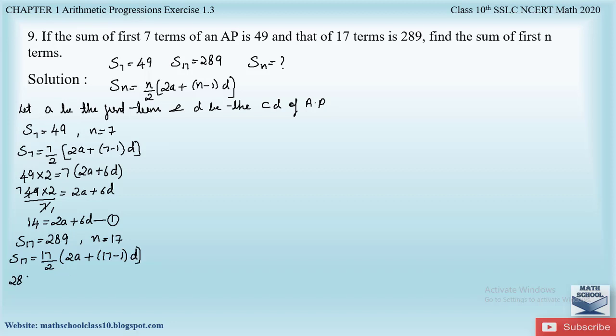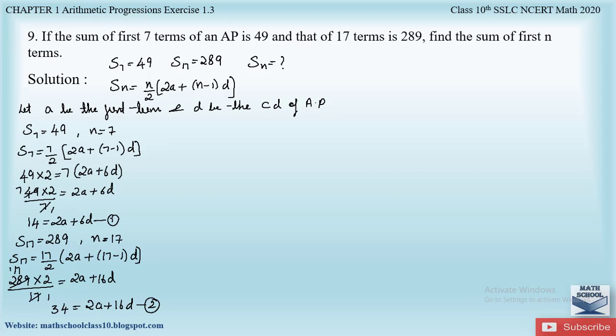It is 289 into 2 divided by 17 is equal to 2a plus 17 minus 1, that is 16d. This will be 17 times, it is 289. So what is 17 into 2? 7 2s are 14, carry 1, 2 1s are 2, 3. So 34 is equal to 2a plus 16d. Let us assume this to be the equation number 2.